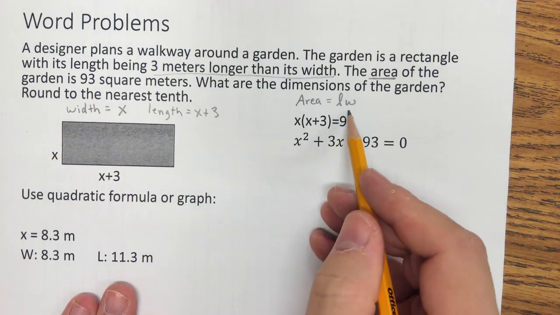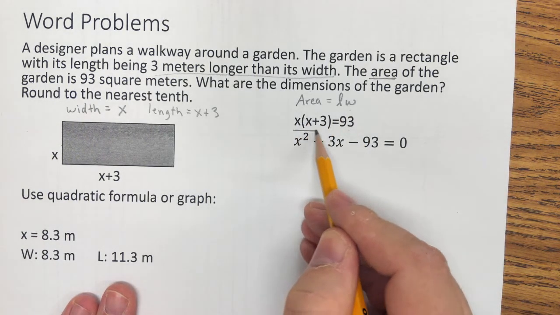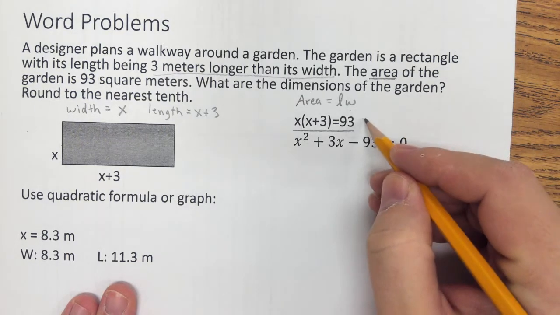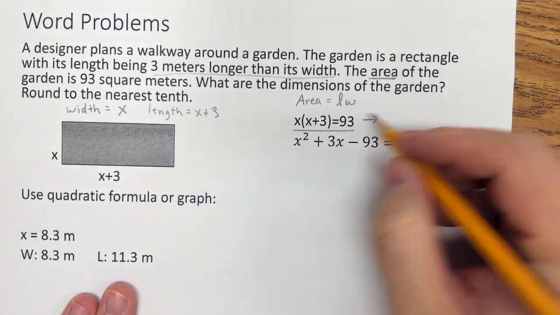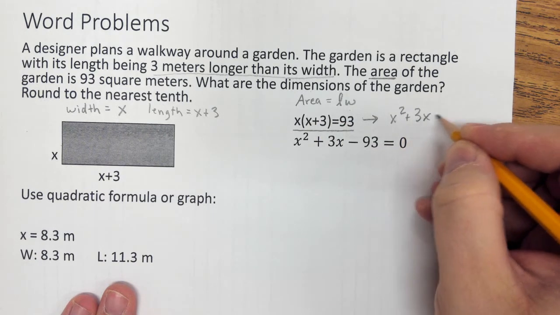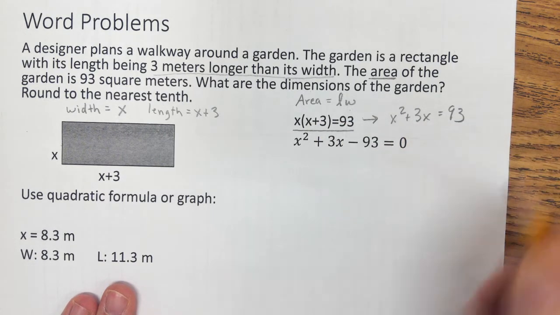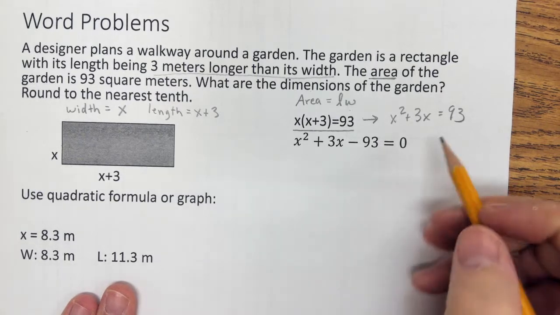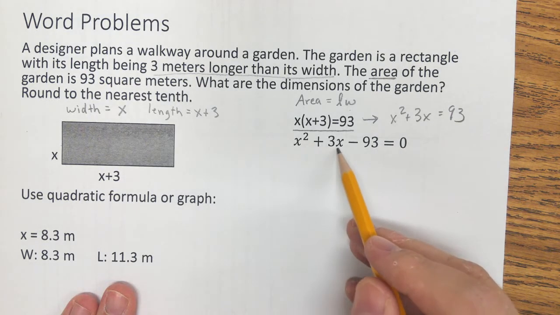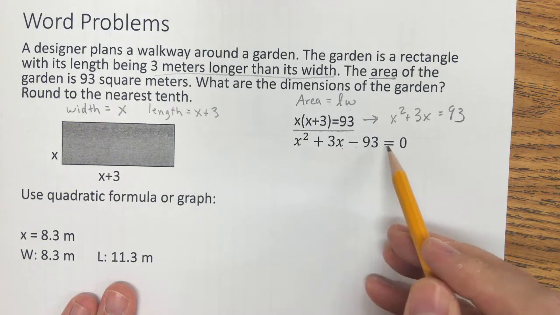So I can write that out. Now then, to simplify this, I'm going to distribute the x and get x squared plus 3x equals 93. And then I subtract the 93 to the other side, and I get x squared plus 3x minus 93 equals 0.